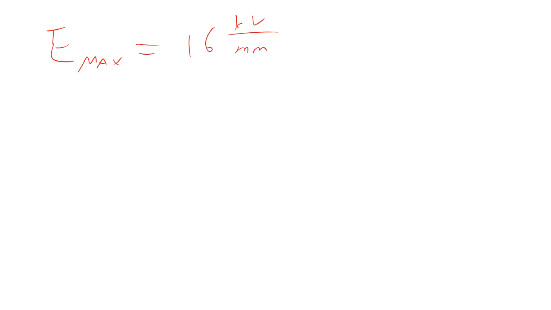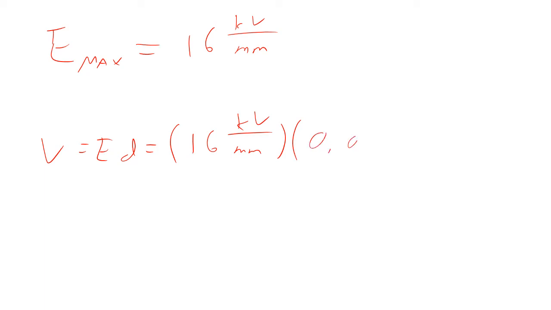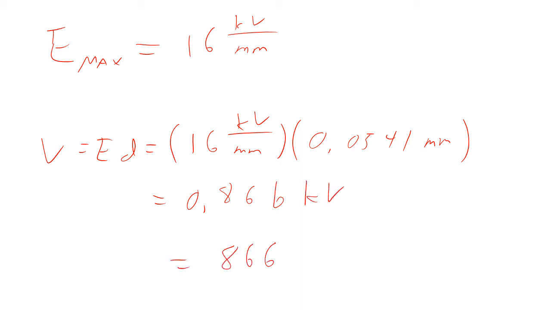That turns out to be very useful because we know the voltage is E times D. If I use those units, kilovolts per millimeter, and multiply by the thickness, which was 0.0541 millimeters, I come up with 0.866 kilovolts, or in other words, 866 volts. So I could put 866 volts on that thing.